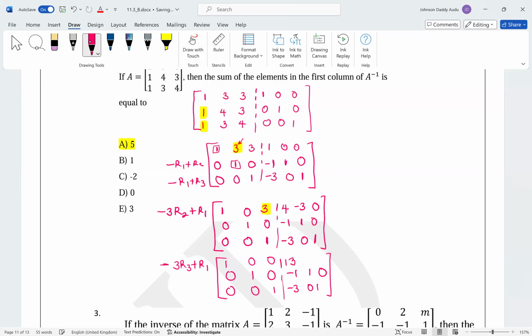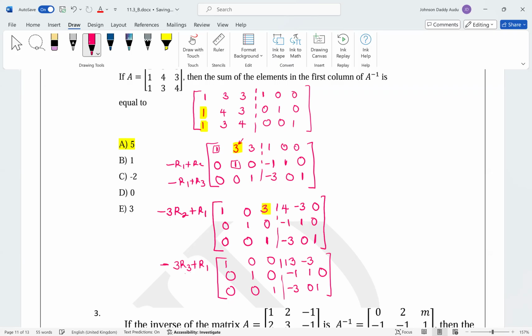All right, let's see. We'll find out. So minus 3 times R3. So you have minus 3 times 0, which is 0. So here it's still going to be minus 3. Then minus 3 times 1, which is minus 3.